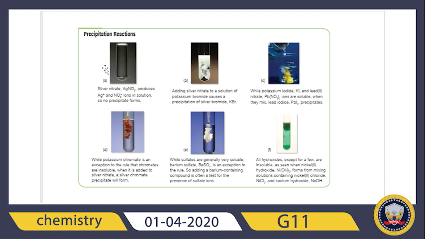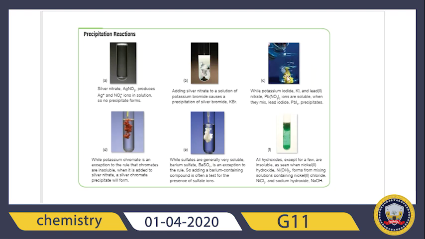For example, in A we have a solution of silver nitrate. Silver nitrate is highly soluble and it will produce the silver cation and nitrate anion in solution. So here no precipitate forms, but in B, adding silver nitrate, which is highly soluble, to a solution of potassium bromide causes precipitation of silver bromide, as you can see here, the white precipitate.